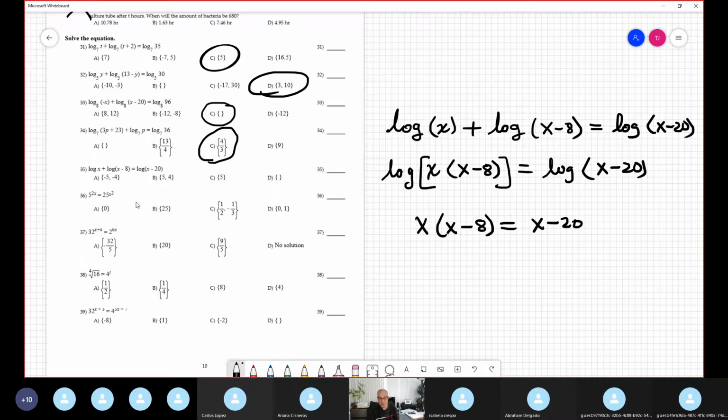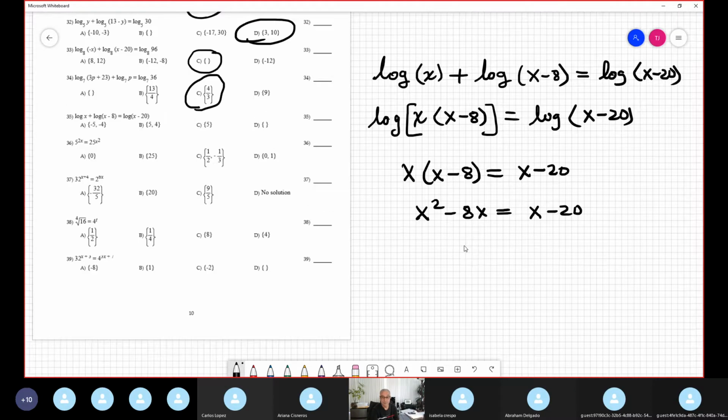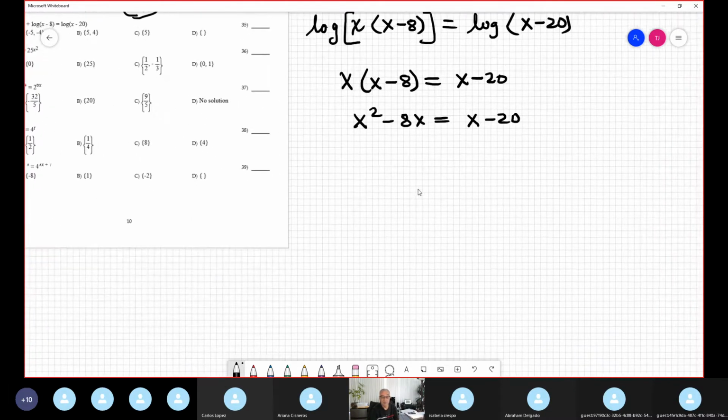You apply the distributive property: x squared minus 8x is equal to x minus 20. I'm putting it in standard form because it looks like a quadratic equation. So it's x squared minus 8x minus x plus 20 equal to 0. X squared minus 9x plus 20 equal to 0.